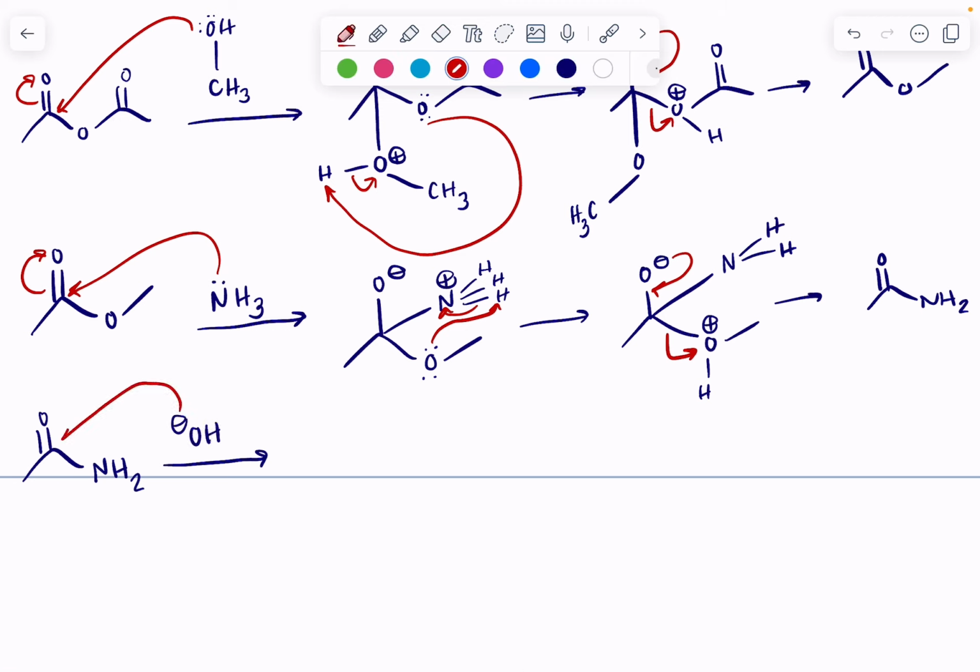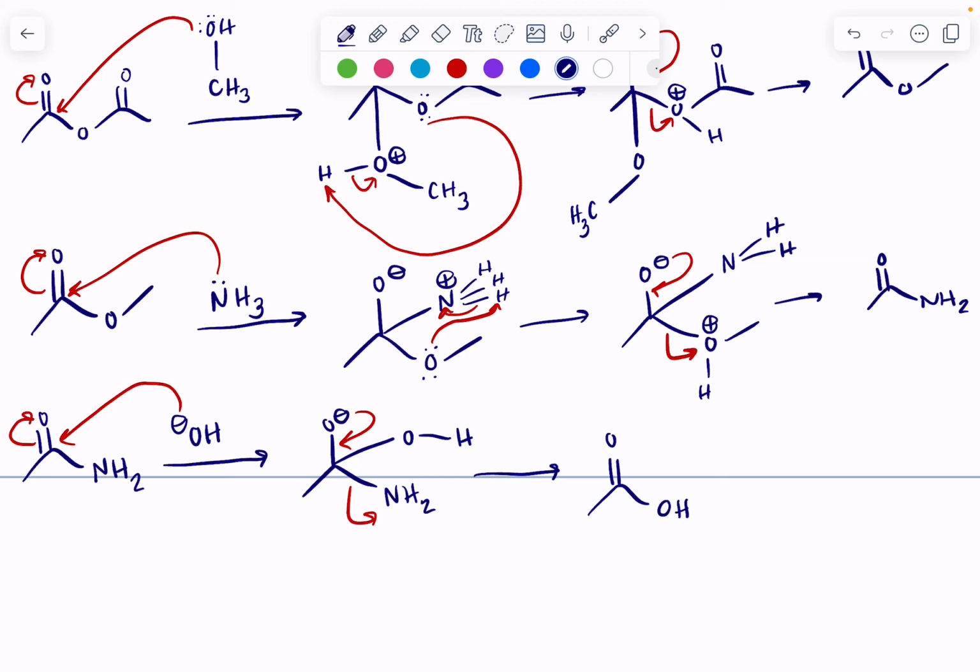So we can attack the carbonyl carbon, push the electrons onto oxygen. Our NH2 is still in solution. Here we've got OH, and now all we need to do is bring our electrons back down and kick off the nitrogen. And that is going to give us O and an OH. And so now we're back to our carboxylic acid where we started.